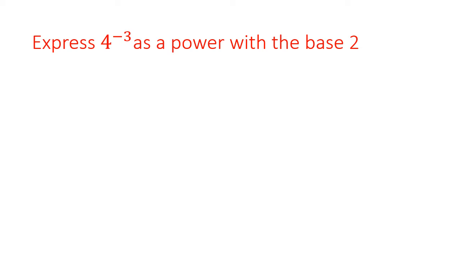Now, the third type of sum is express this value as a power with base 2. Now what is the sum asking here? 4 raised to -3 has got the base 4, but we want to make this base 4 into base 2.